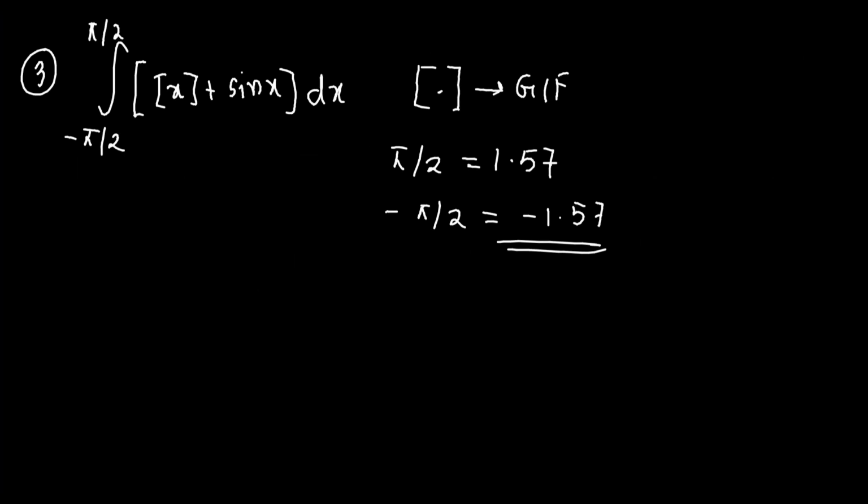At first we do from minus pi by 2 to minus 1, then minus 1 to 0, then 0 to 1, and then 1 to pi by 2. So we split it up into intervals. In the next step, we write minus pi by 2, that is minus 1.57, to minus 1.